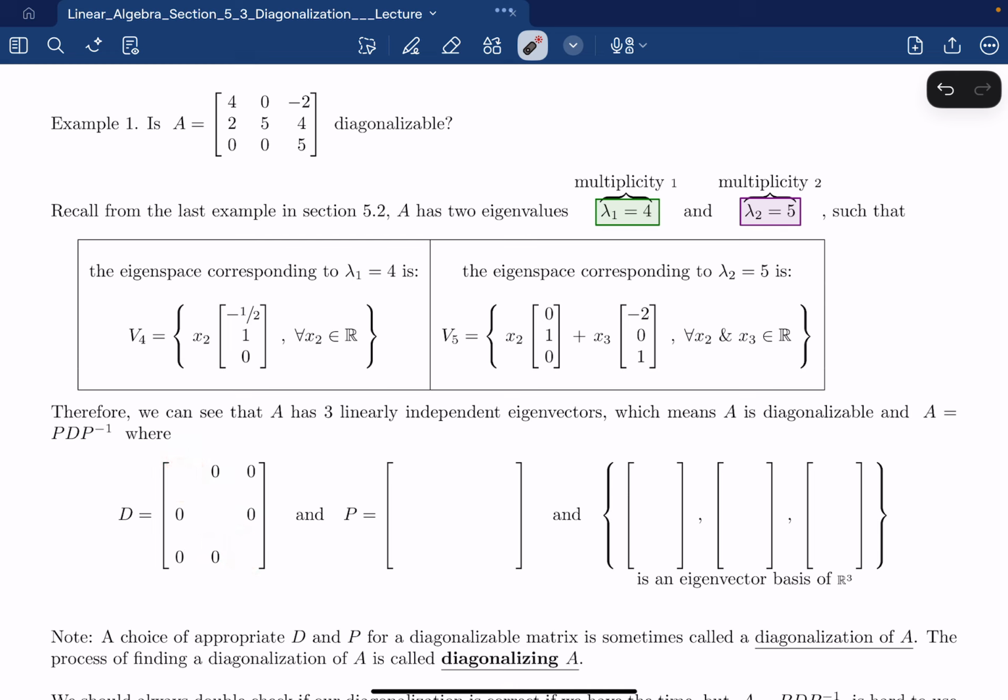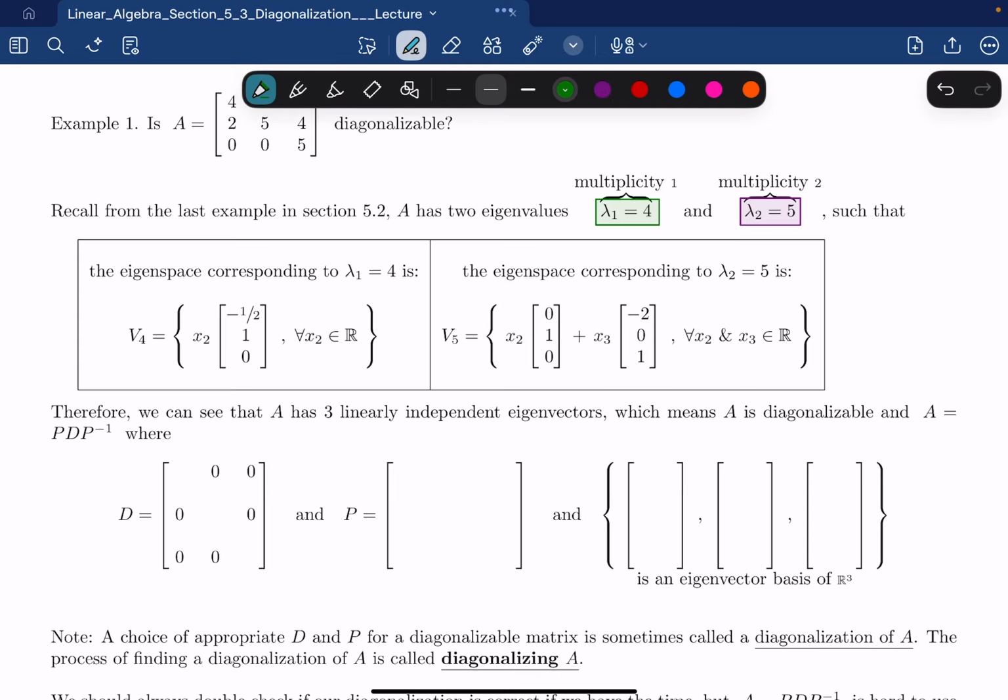As you can tell, 4 has multiplicity 1 and 5 has multiplicity 2, so I have a total of 3 eigenvalues, counting multiplicity. So I can put these however I want. For example, I can put 4 here, 5 here, and 5 here.